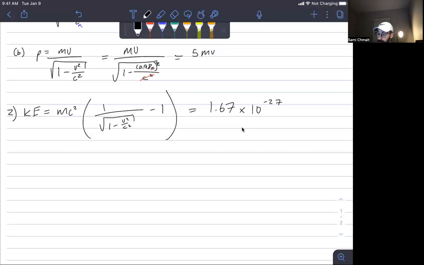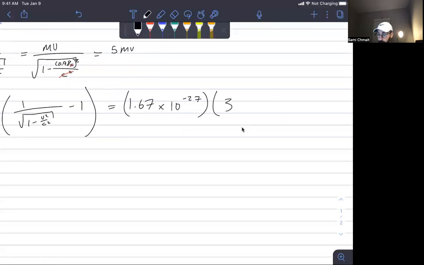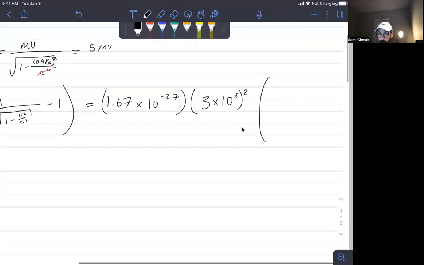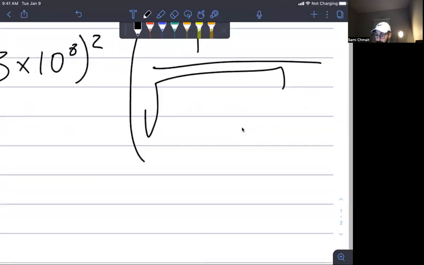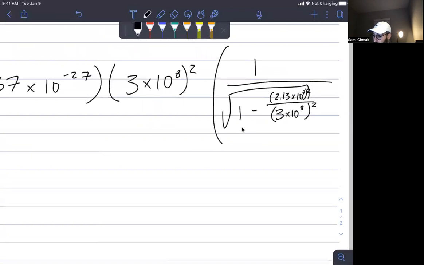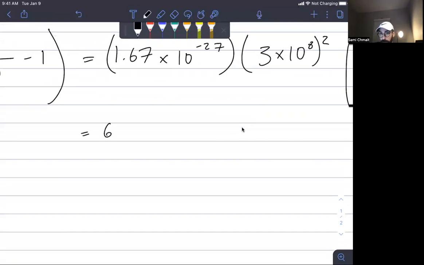We're going to multiply that by the speed of light squared, and multiply all of that by 1 over the square root of 1 minus 2.13 times 10 to the 8 squared, and then minus 1. That all comes out to be 6.313 times 10 to the minus 11 joules.